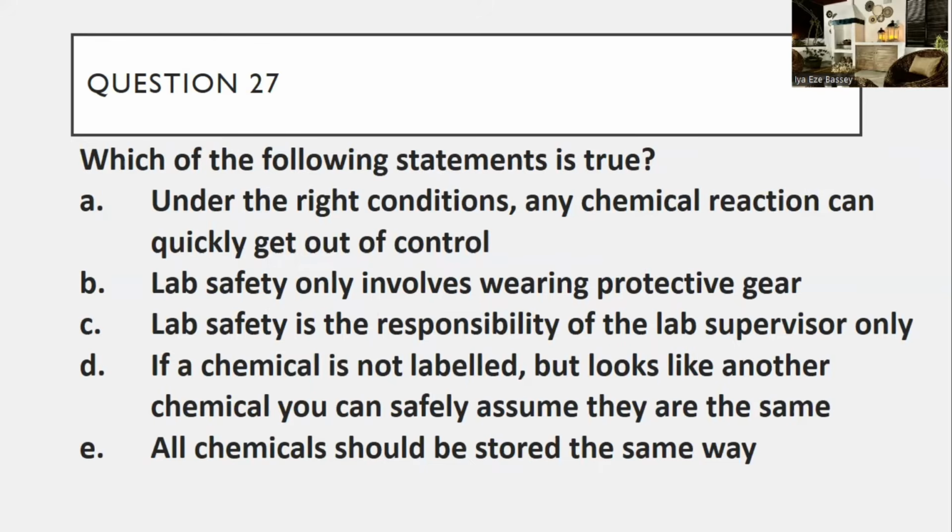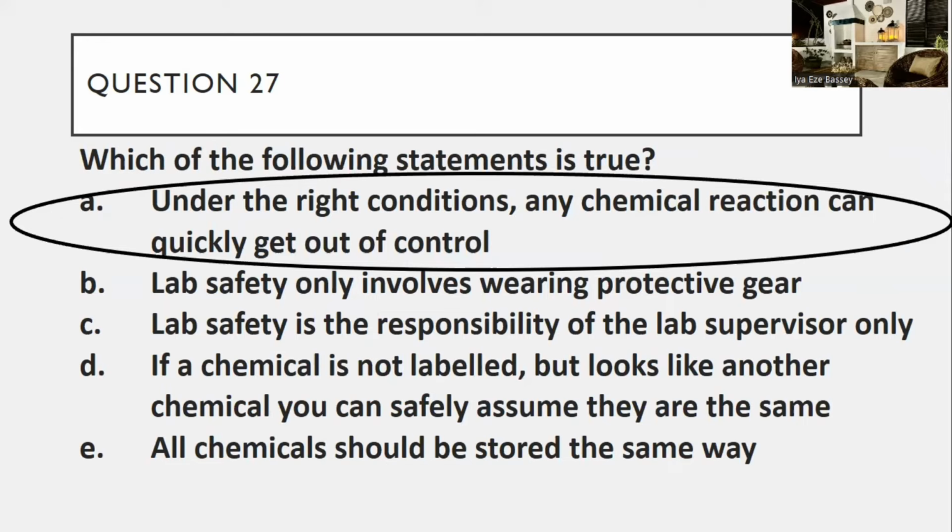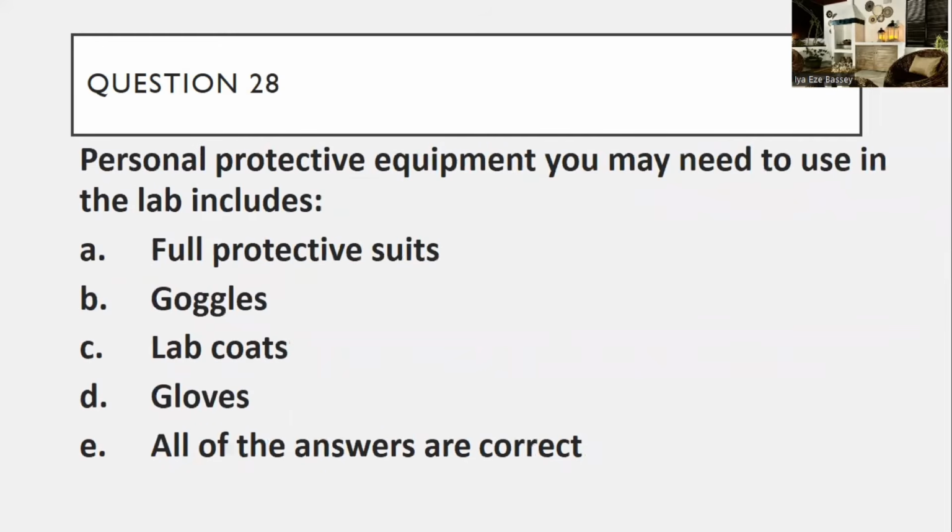E, all chemicals should be stored the same way. Seriously, no, I don't agree with that. So your answer is under the right condition, any chemical reaction can get out of control. Some can become explosive, some can become flammable, whatever it is. So you have to be very careful. You have to know that you need to control the situations you're working with.